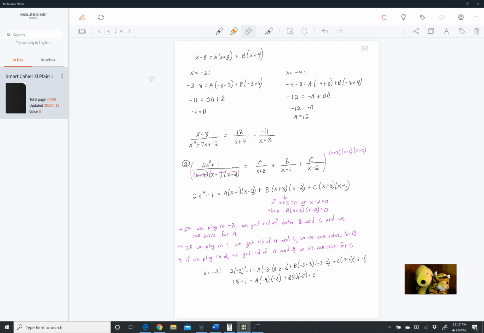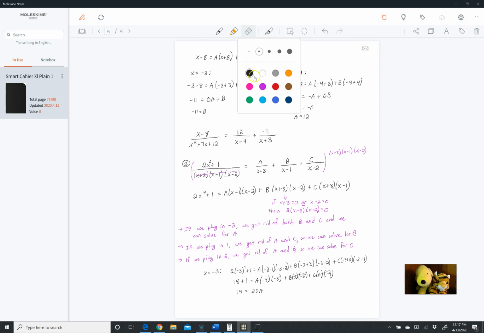Plus C times 0. This goes away, this goes away. So we get 19 is equal to 20A. And we could divide both sides by 20. And we get that A is equal to 19 over 20.